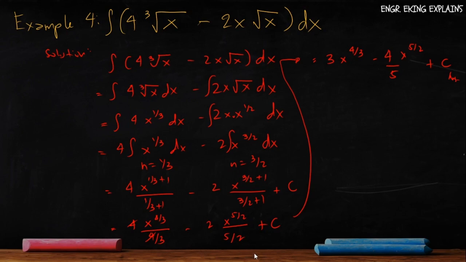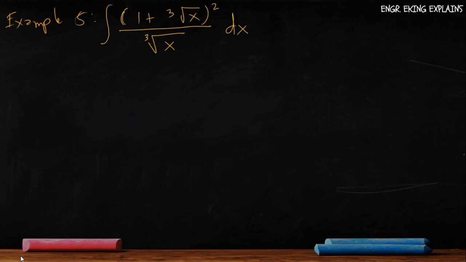Okay, so now let's proceed to another example. We have the integral of 1 plus cube root of x squared, divided by the cube root of x, not x squared but x, dx. So solution.